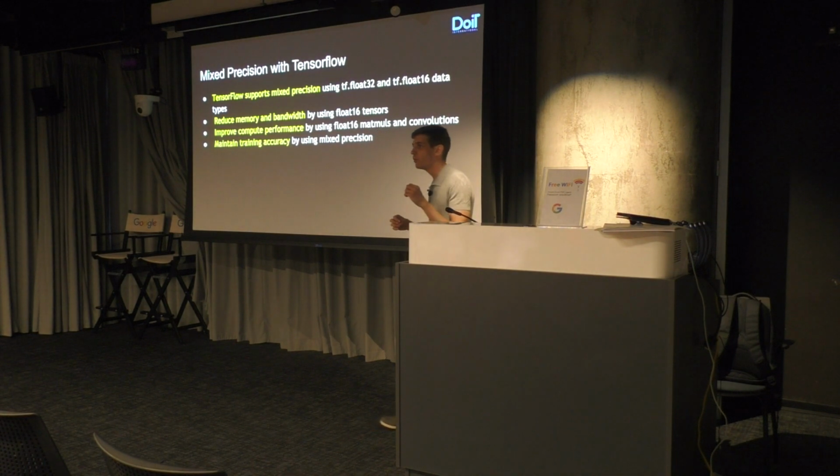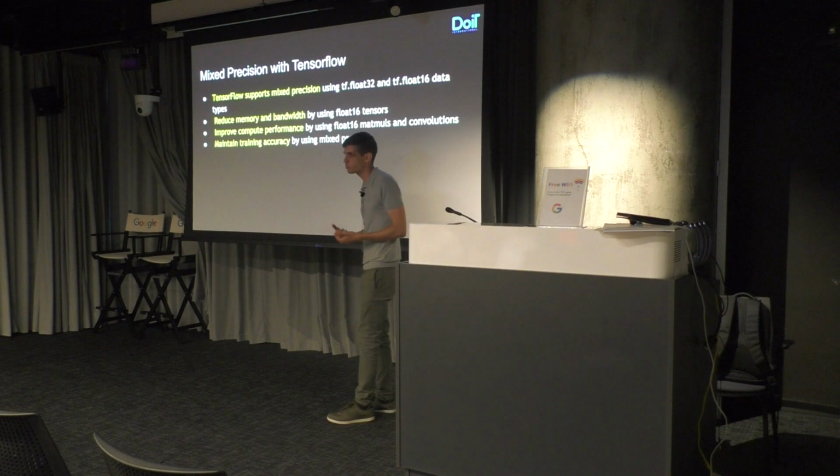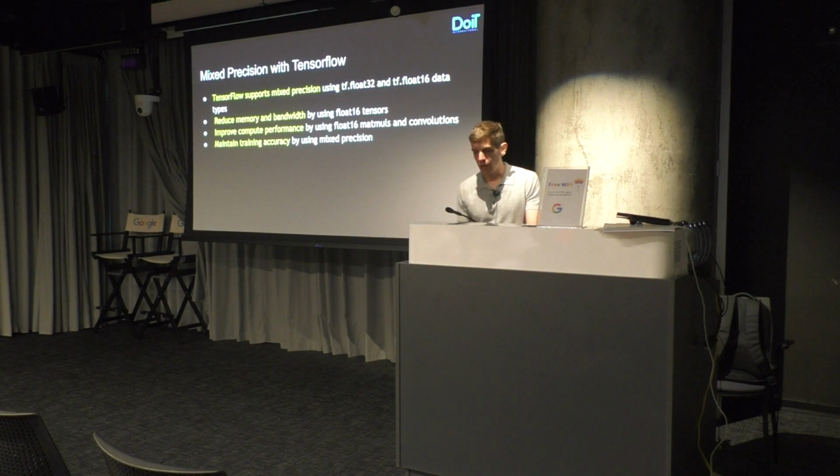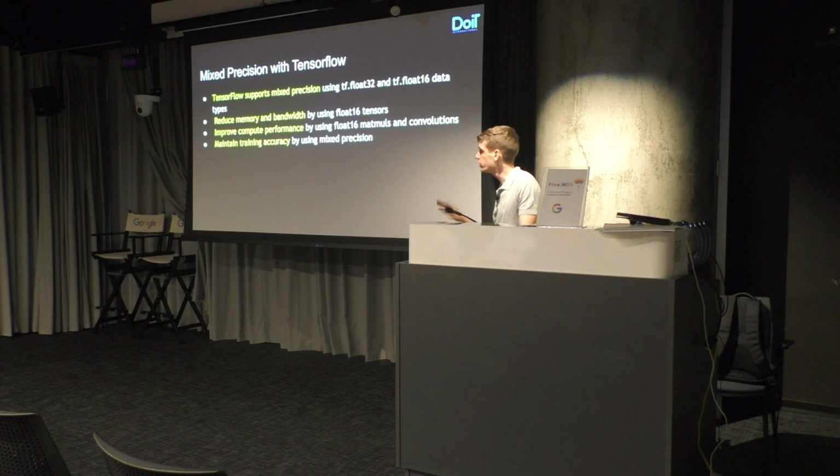Now I want to go through how I'm going to change my TensorFlow code in order to support mixed precision training. I would mention that when I started doing this, I had to manually change the code. Now all you have to do in TensorFlow 2, and I also think in TensorFlow 1.3, but in TensorFlow 2 it's for sure, is activate a flag, and you have mixed precision already implemented.